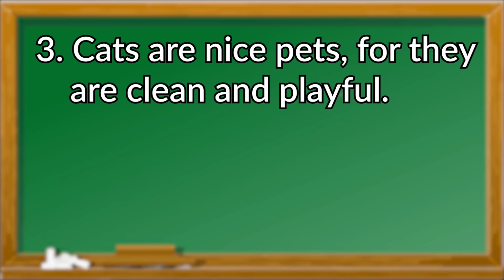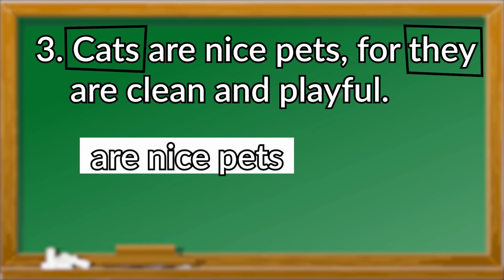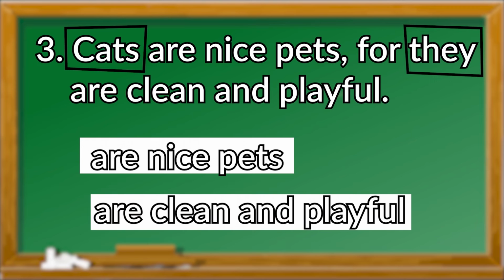And the 2 subjects are cats, they. Now write the first predicate and the second predicate. The first predicate, are nice pets. Another predicate, are clean and playful. Very good!